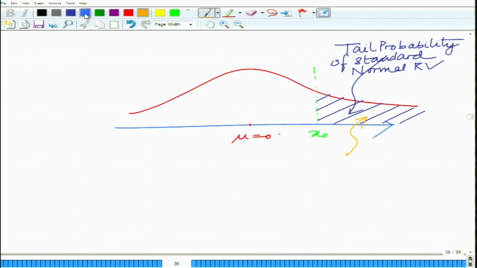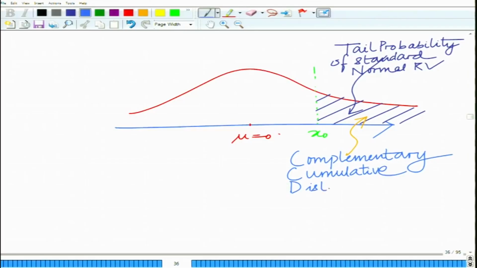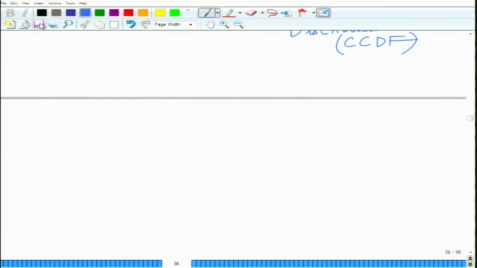This is therefore known as the complementary cumulative distribution function, or the CCDF, of the standard normal random variable.